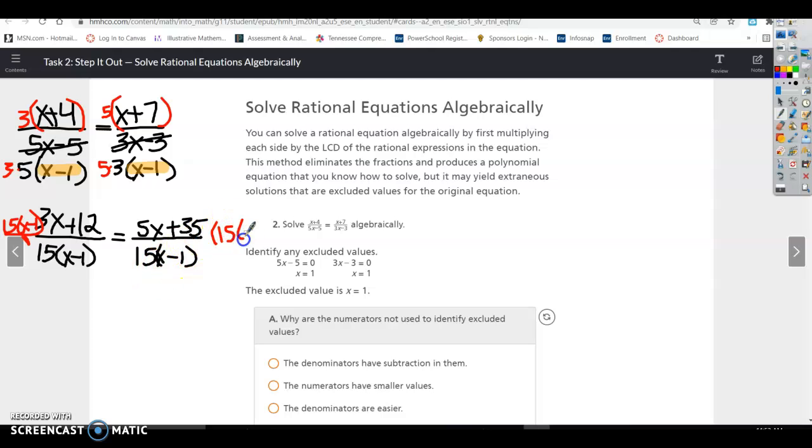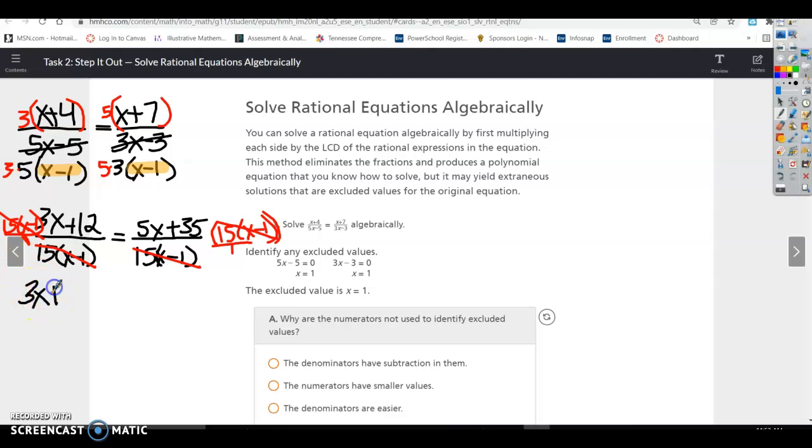So if I multiply this side by 15 times x minus 1, that's again anything over 1. This is on the bottom, so it's like 1 over this, and this is this over 1. So this is on top, this is on bottom, and this cancels out. So by getting a common denominator when you have an equation, you can multiply by that denominator, and it gets rid of your whole fraction.